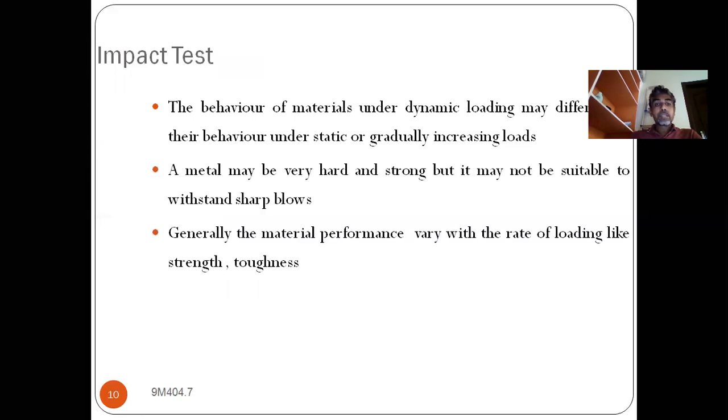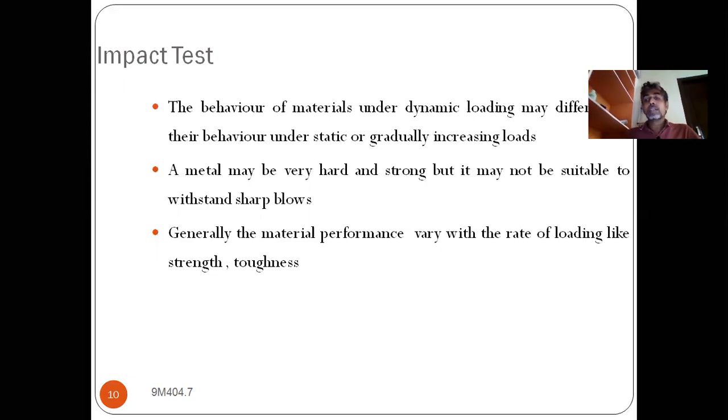See here. The behavior of material under dynamic loading may differ from its behavior under static and gradually increasing loads. So here we should understand one important point: why do we have to consider this impact strength? Already we have calculated tensile strength and compression strength, but why are we not relying on them? Why are we calculating this impact strength?